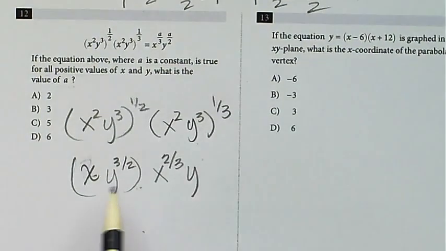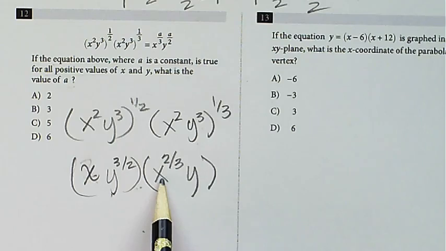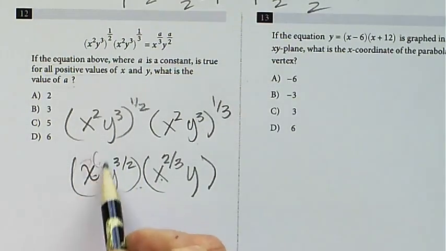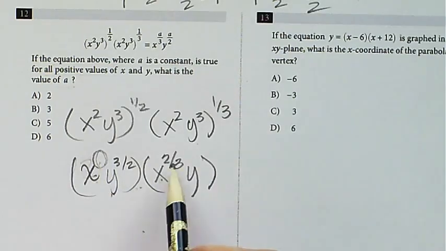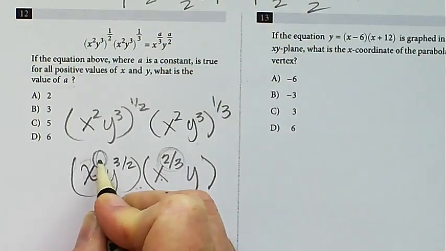Okay, now when I'm multiplying exponents, I add the powers. So I'm going to add 1 and 2 over 3, which means I need a common denominator. I'm going to use a denominator of 3.